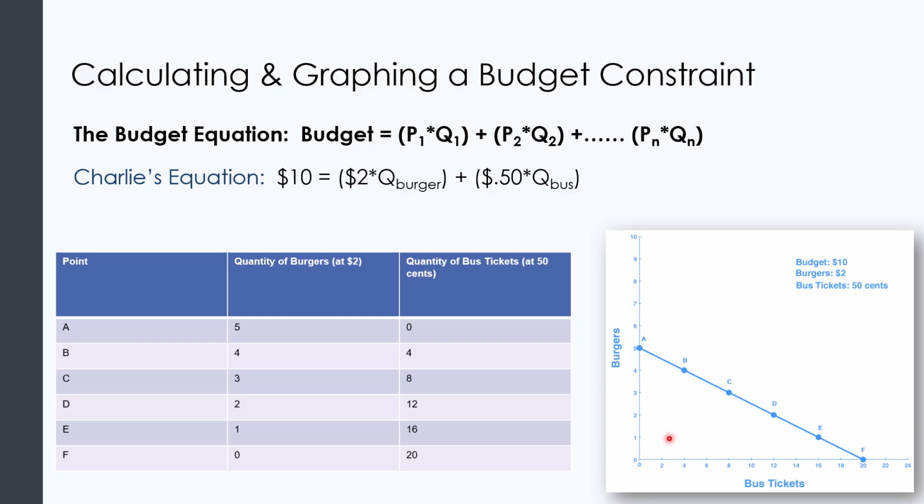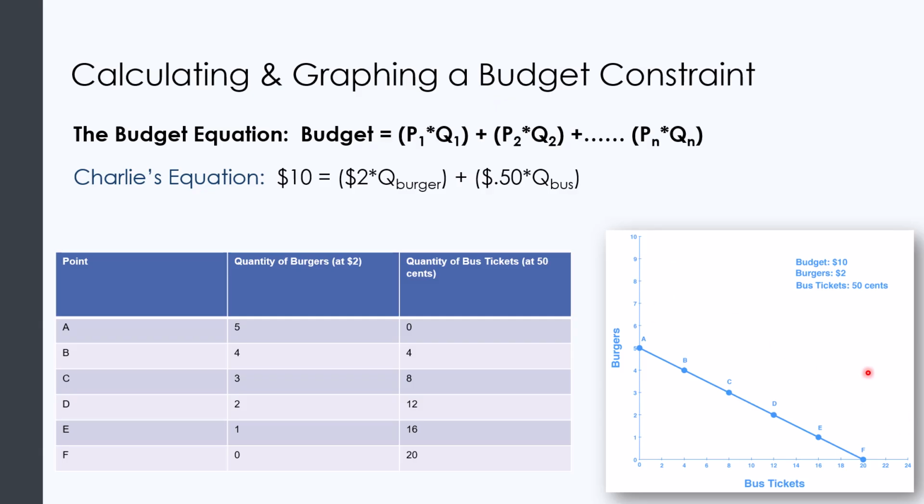Right? Maybe he wants to save some of that for later, but he's not fully maximizing his budget constraint if he picks, let's say, for example, 3 burgers, that would cost him $6. 2 bus tickets would cost him $1, so he'd have some money left over. Right? He's underutilizing resources.